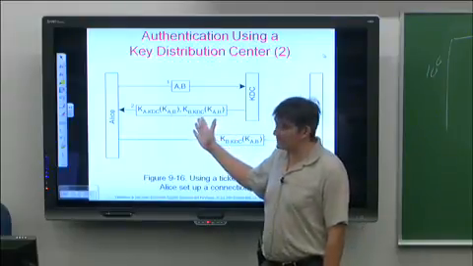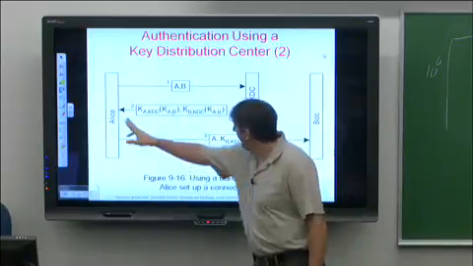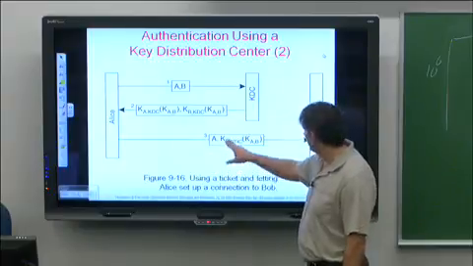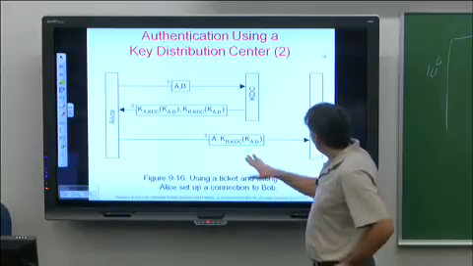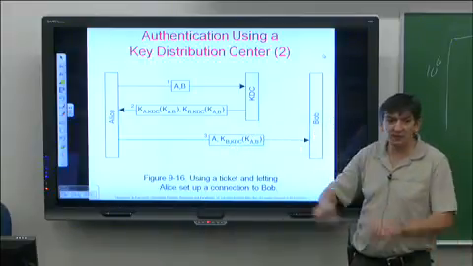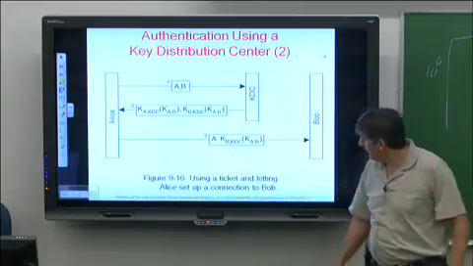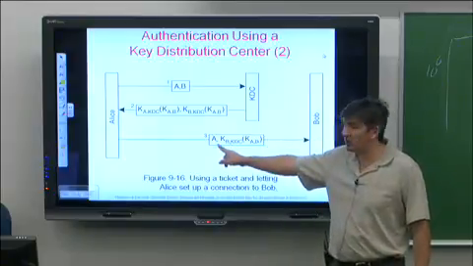Now, Alice knows what's inside, but nevertheless, she can't use this. But Alice then sends a message and says, I'm Alice, and here is your portion of the key. Here is your ticket. This ticket is going to allow Bob to derive the session key and then use the encryption to continue the communication.